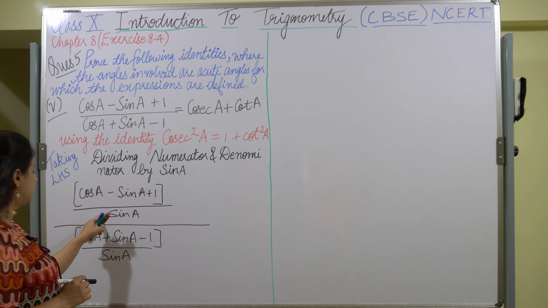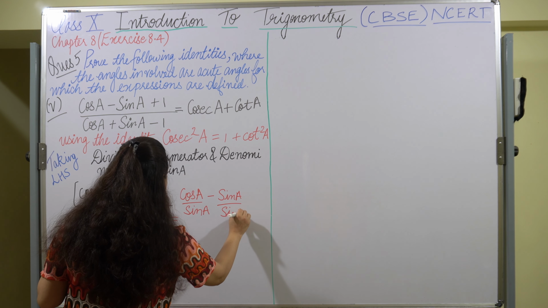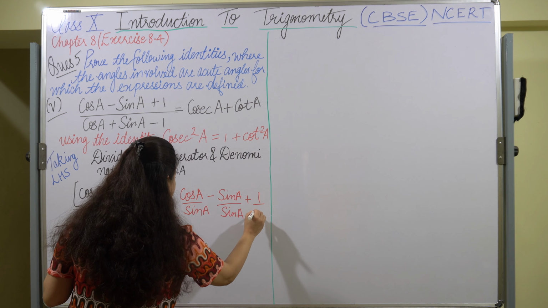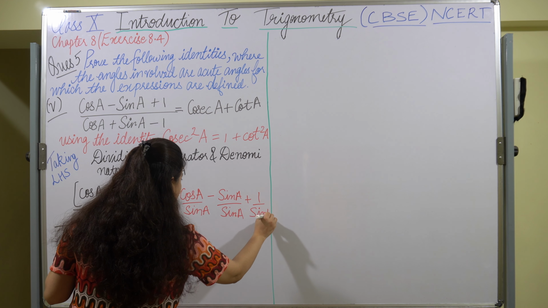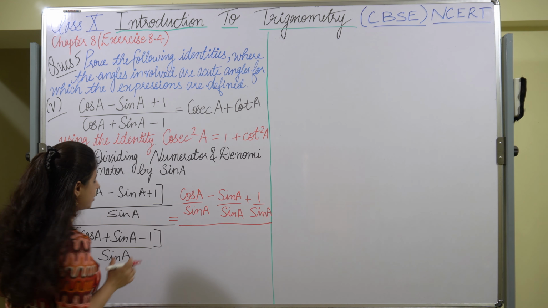So we will divide individually all the terms of the numerator and all the terms of the denominator. So it will become now cos A upon sin A minus sin A upon sin A plus 1 upon sin A, and this is our numerator.